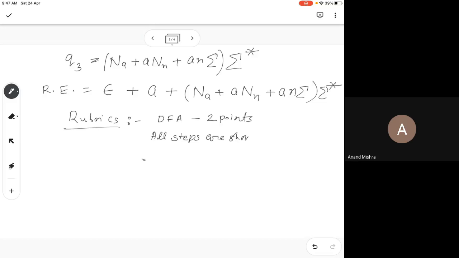You can have a different way of showing, but all steps must be shown. Then plus 5, and answer correct plus 3. So 5, 3, 8, 10, 10 points. Okay, we are done with this particular question.